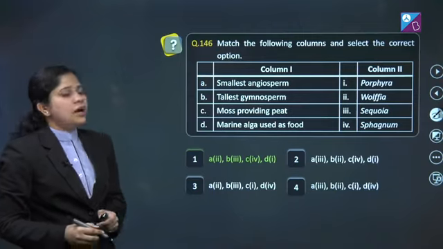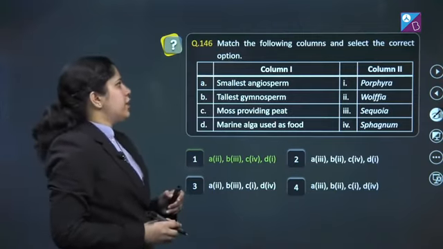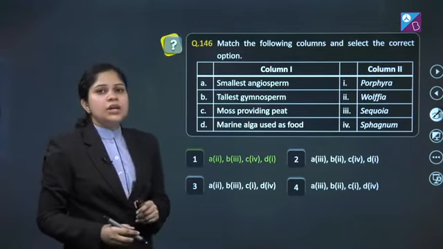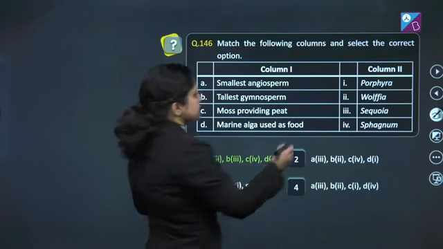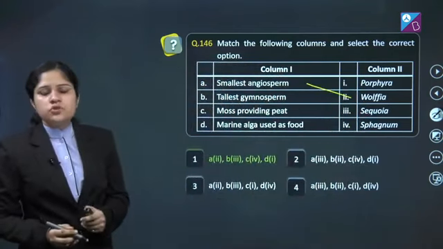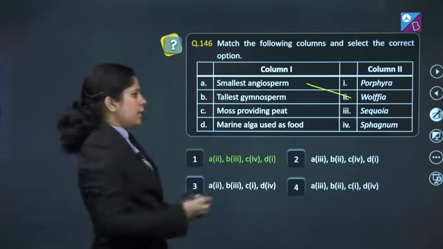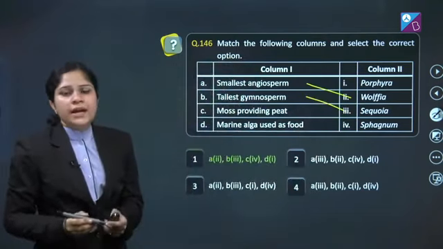Question number 146. Match the following columns and select the correct option. A. Smallest angiosperm. The answer is Wolffia. Let's match it. B. Tallest gymnosperm. We know it's Sequoia. C. Moss providing peat.